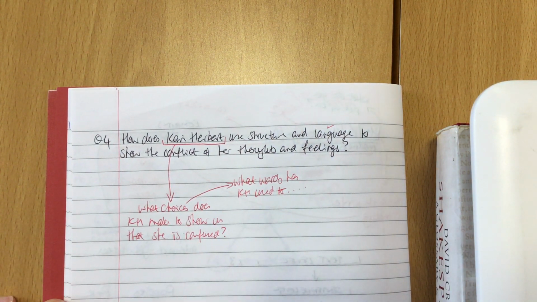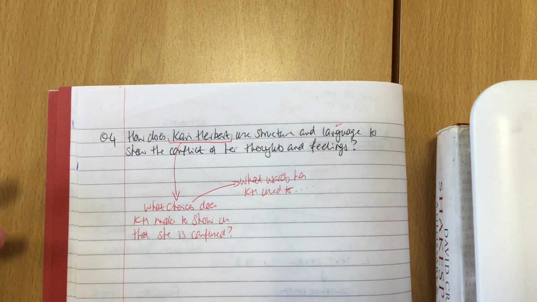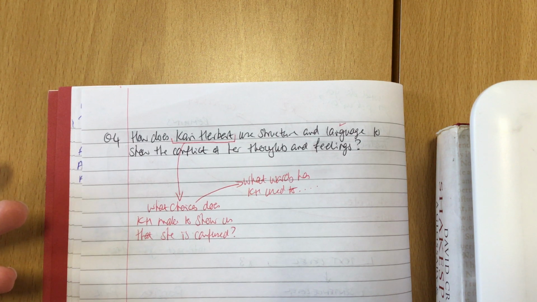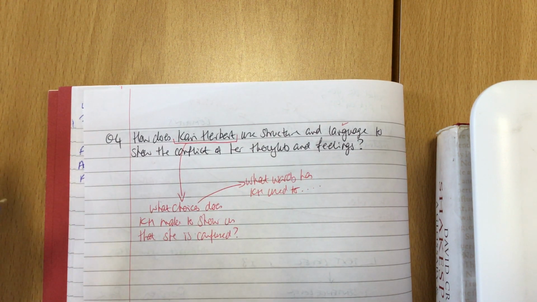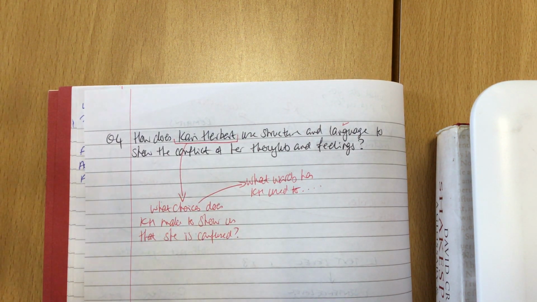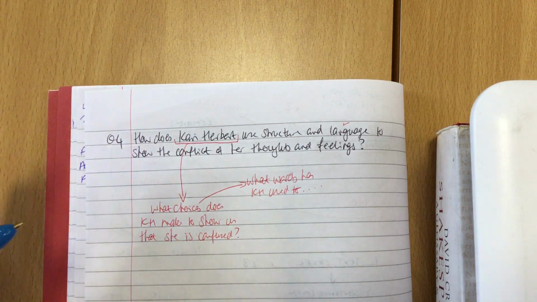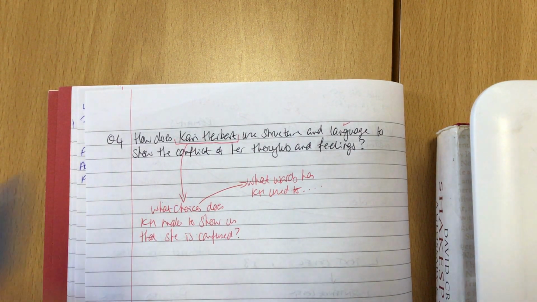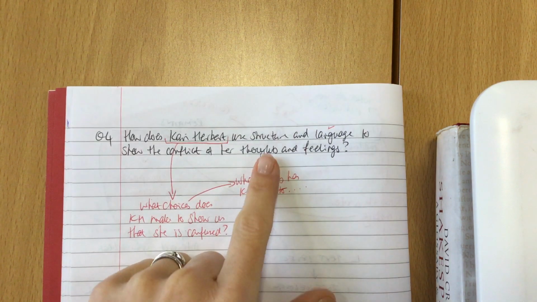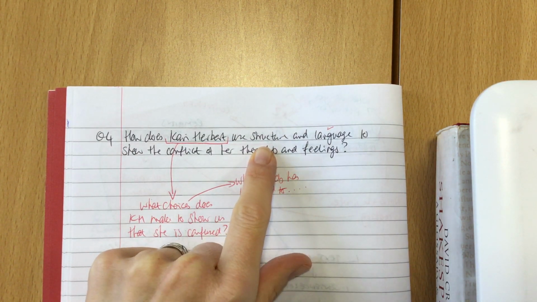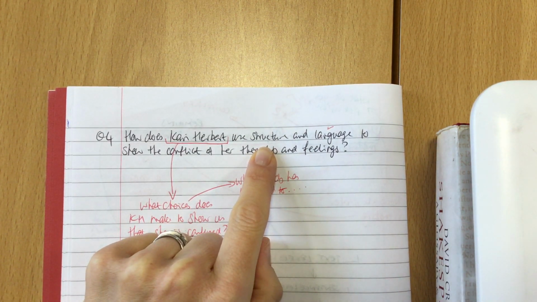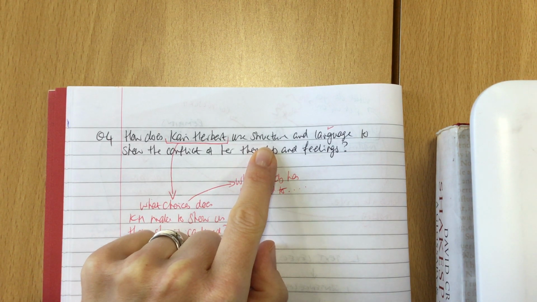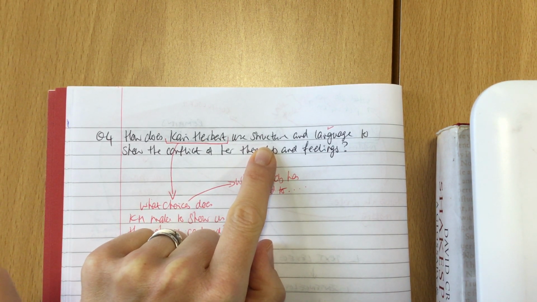Now, what is structure? Is it a thing? Can you go out and buy structure? Can you walk into structure? Unless it's scaffolding, of course. Not really. So it kind of isn't a thing. This is how has she ordered her ideas? What order has she told us her stuff?